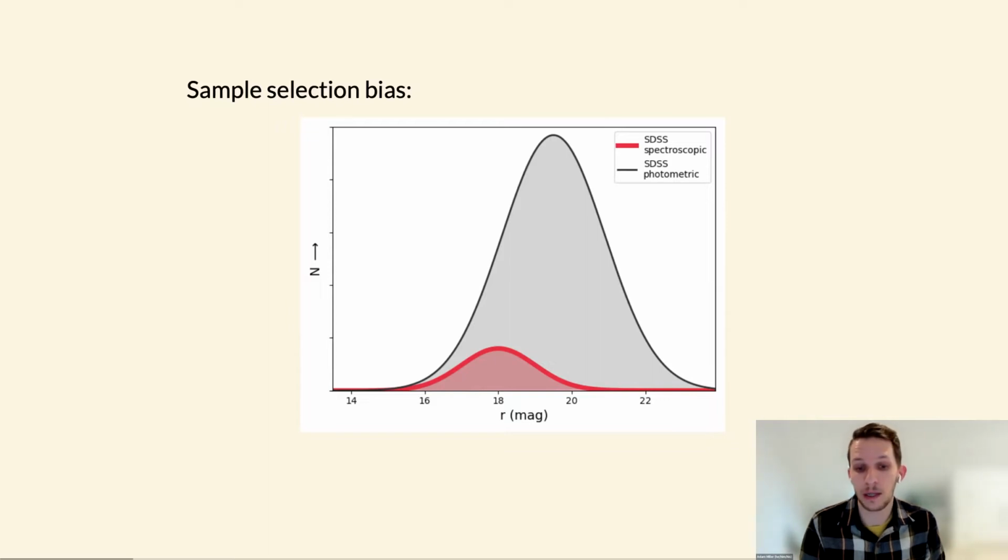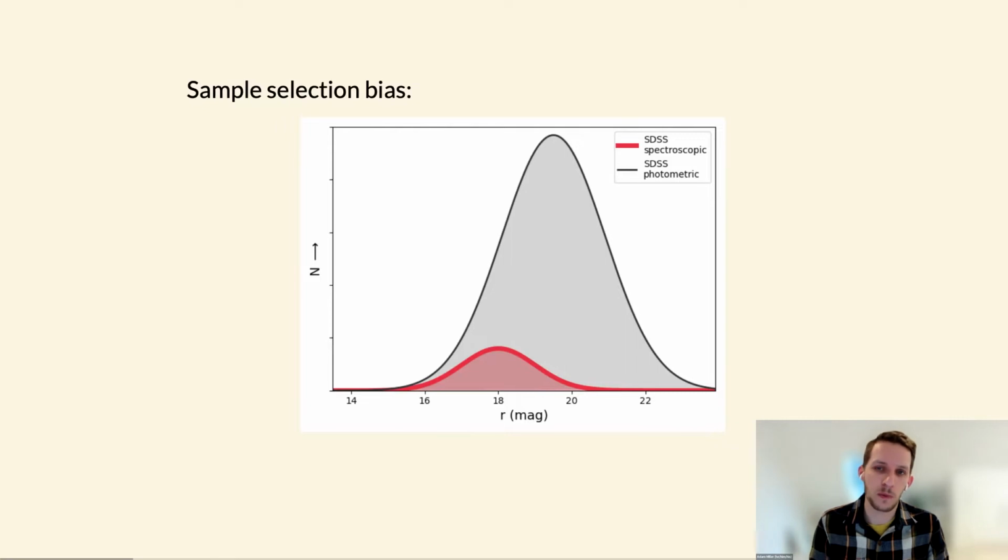Here I'm showing the distribution of sources that have spectroscopic observations, since spectroscopy is often used for labels in astronomy, and the distribution of sources that have photometric observations. There's several things you may notice: the peak of these distributions is different, and the amplitude is particularly different between these two.